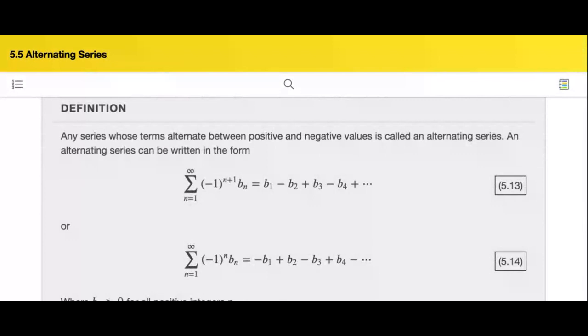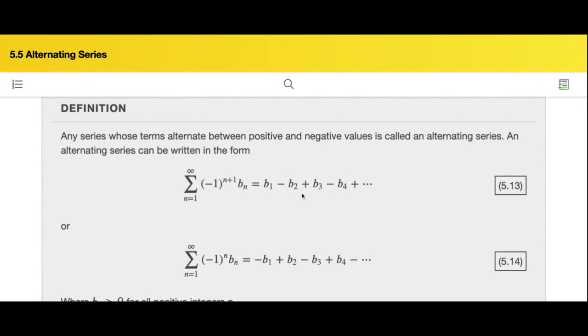So the definition of alternating series: any series whose terms alternate between positive and negative values, and can be written in the form of (-1)^(n-1) b_n or (-1)^n b_n.